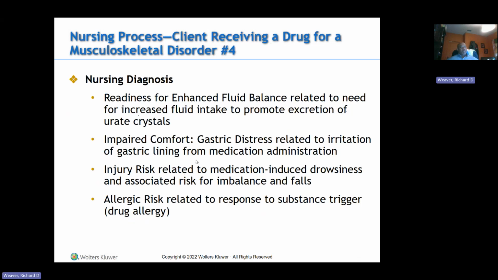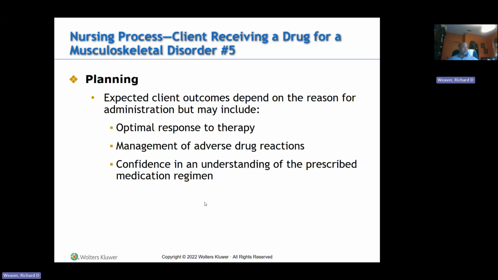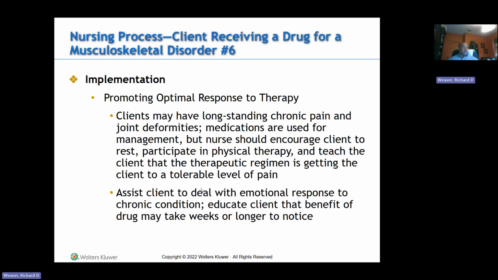And make sure you read your textbook regarding what the nursing interventions are and outcomes and so forth. Go ahead and read your planning, promoting optimal response to therapy. So how do we do that? Clients may have long-standing chronic pain and joint deformities, and so medications are used for management. But the nurse should encourage the patient to rest, and also to participate in physical therapy because that can help with mobility, and teach the patient that the therapeutic regimen is getting the client to a tolerable level of pain.